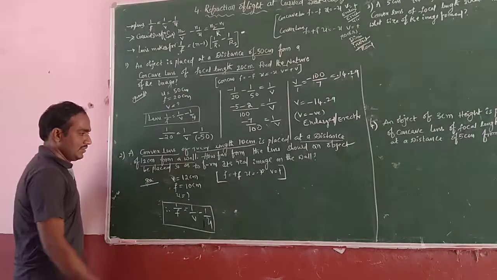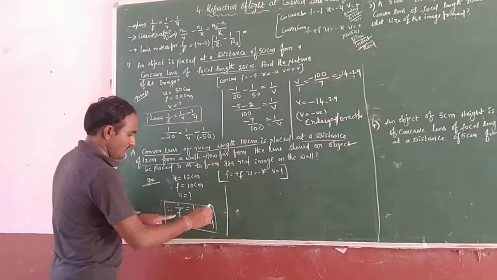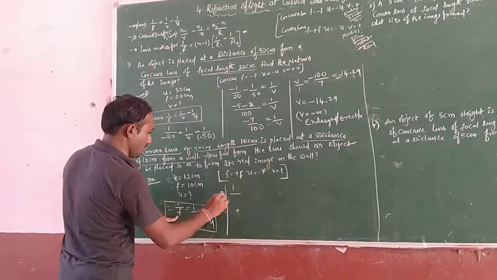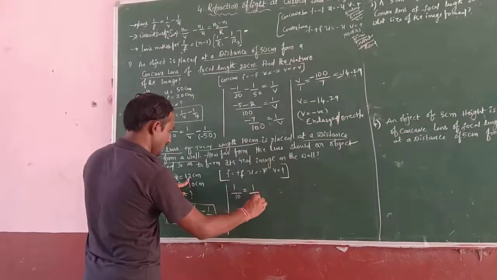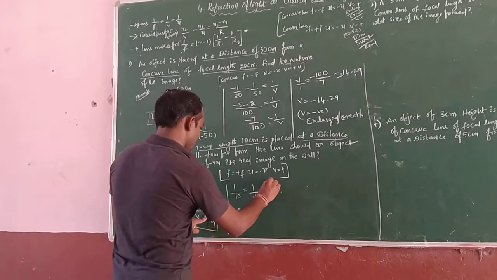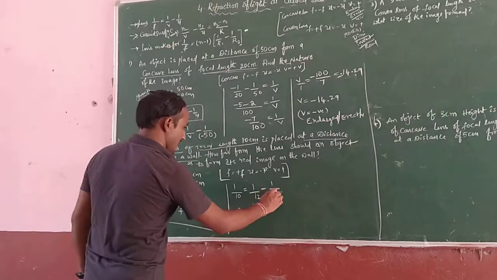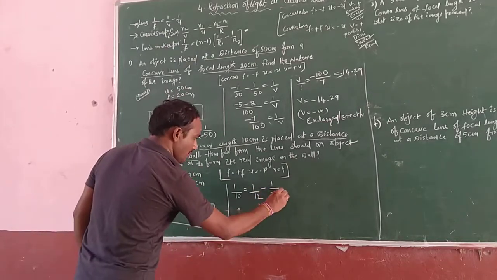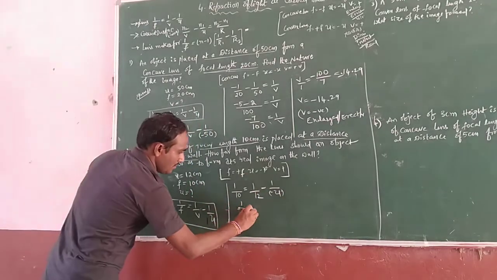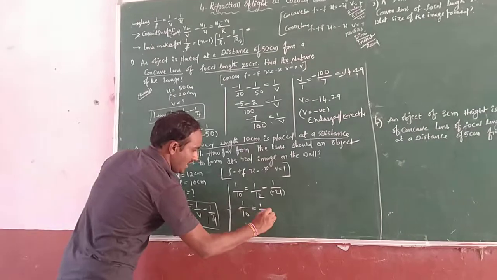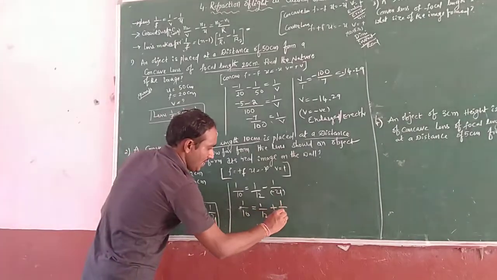So here we are substituting these values: 1/f is 1/10, 1/v is 1/12, and u is negative. So 1/10 = 1/12 + 1/u.